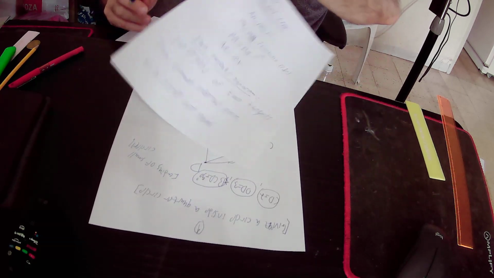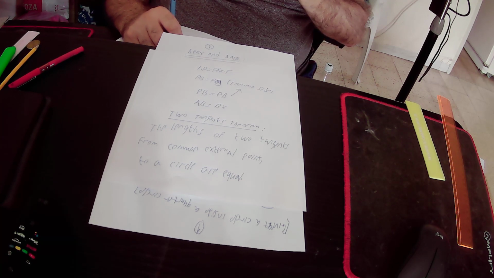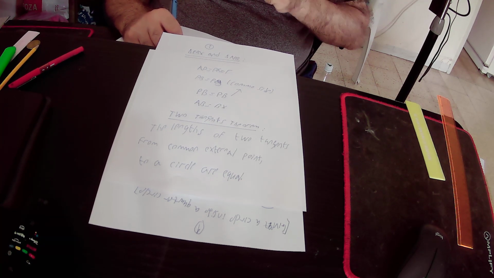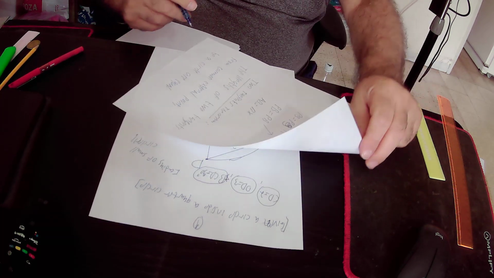So I will read the two tangents theorem again. The tangent theorem states that the lengths of two tangents from a common external point to a circle are equal. Okay?